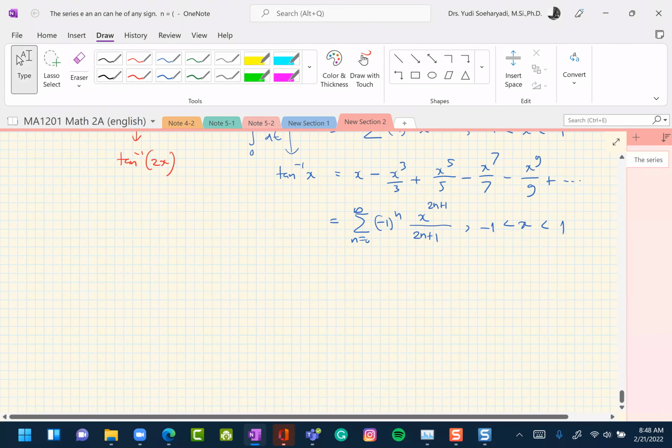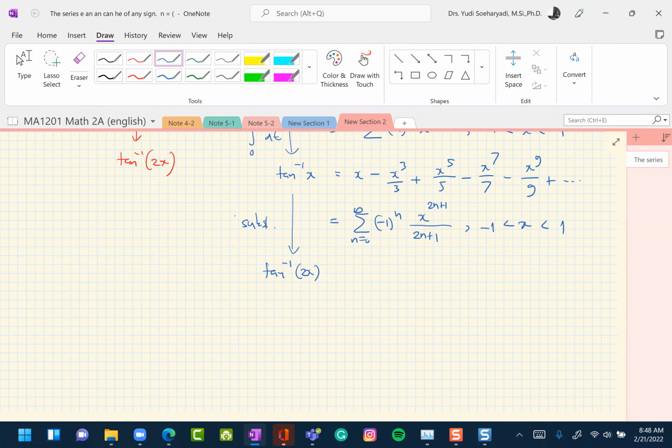Okay. So now when you think about arctangent of 2x, you're replacing this x by 2x, so doing substitution. When you do substitution, this is what you get here.